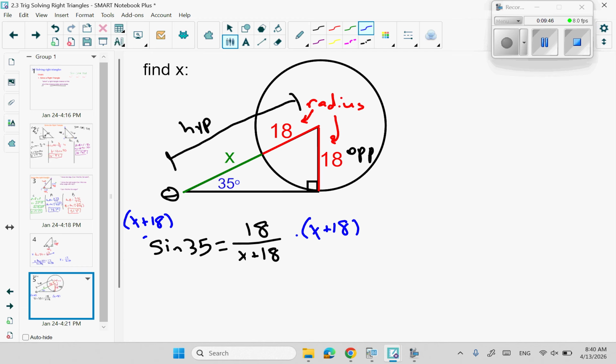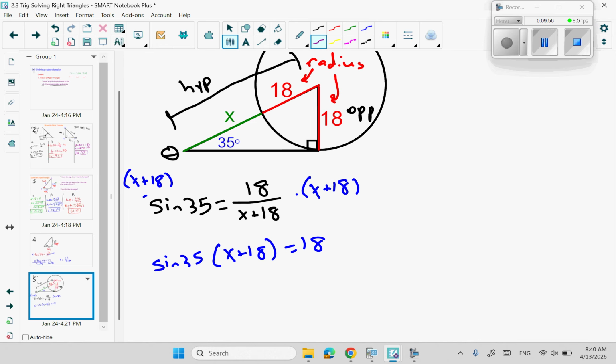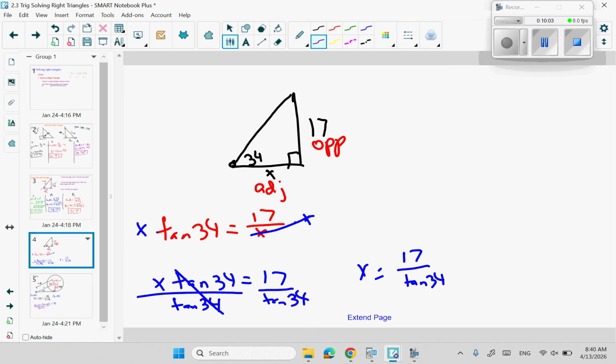So we get sine of 35 times the quantity x plus 18 equals 18. And here, I want to get x by itself. So I'm actually going to divide by sine of 35, just like we've done on this example right here.